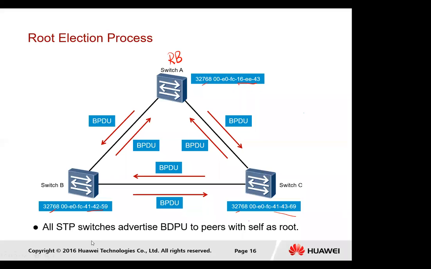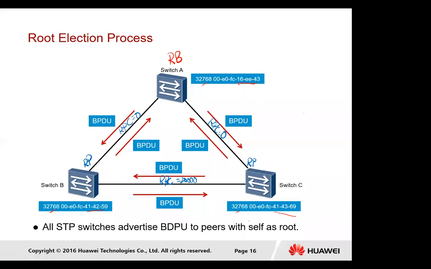When this becomes the root bridge, the next step is I will have to define who are the root ports. So who are the root ports in this case? For switch B, this will be the root port, easily, because this is RPC 0 and this RPC is 20,000.